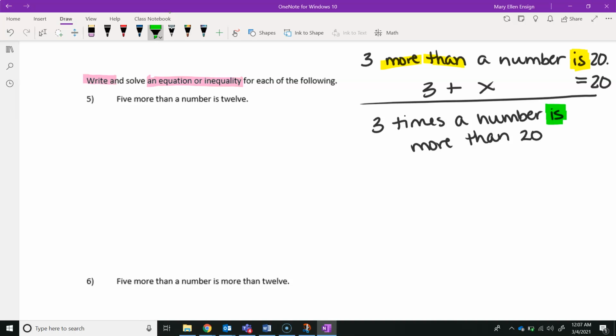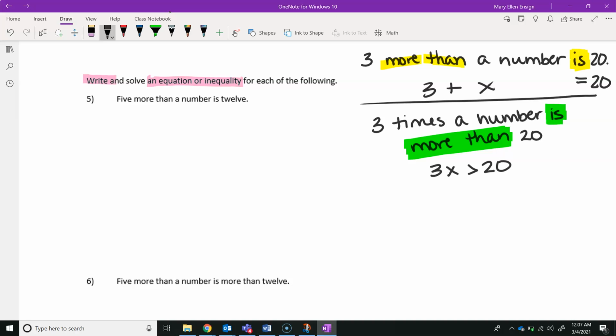So it's not that something is 20. The statement here is that the left side is more than the right side, not equal to. Okay, so there's the difference. Even though they both have more than, one of them is blah, blah, blah is this. The other one is blah, blah, blah is more than this. Okay, so 3 times a number, 3x, is more than 20. That's where I'm going to have an inequality sign.